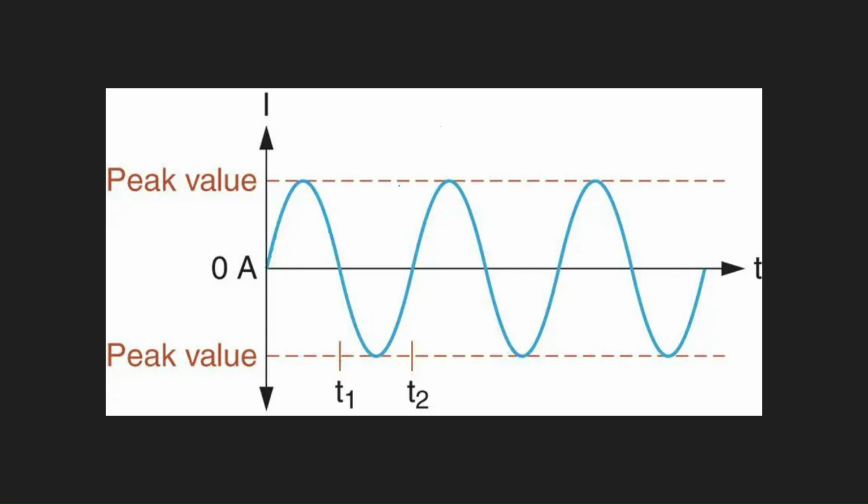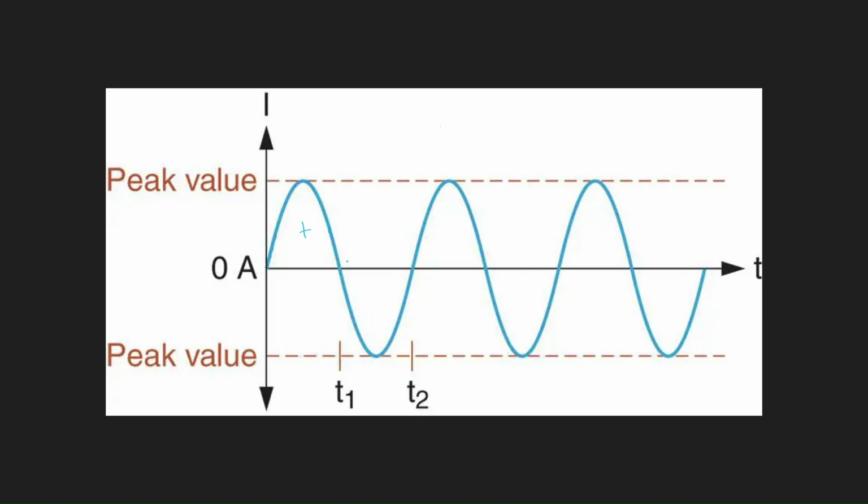Now we understand what AC supply is. AC stands for alternating current. In AC, the electron changes its direction according to time. AC starts from 0, increases to maximum and then decreases back to 0 to complete one positive cycle.